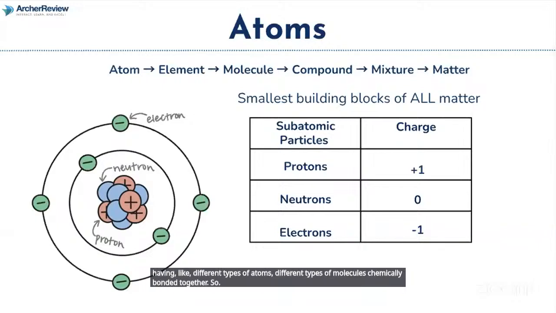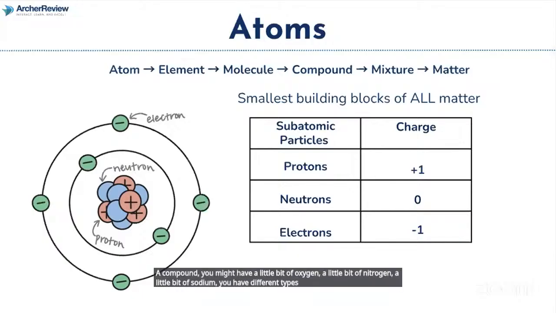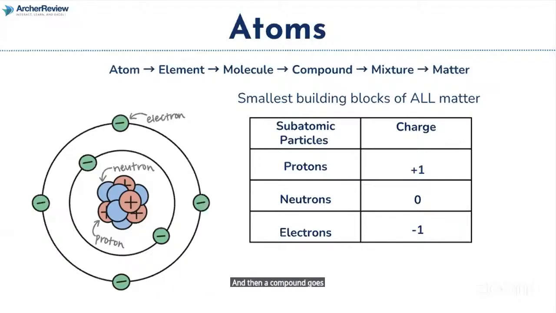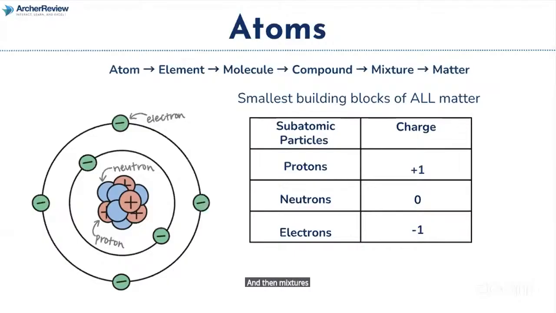So a compound, you might have a little bit of oxygen, a little bit of nitrogen, a little bit of sodium. You have different types of those molecules or atoms bonded together. And then a compound goes on to make a mixture, and this is just a combination of stuff that's not chemically together, but rather physically intertwined. And then mixtures are just one way to describe different types of matter.